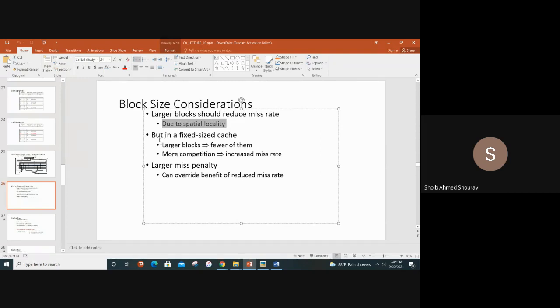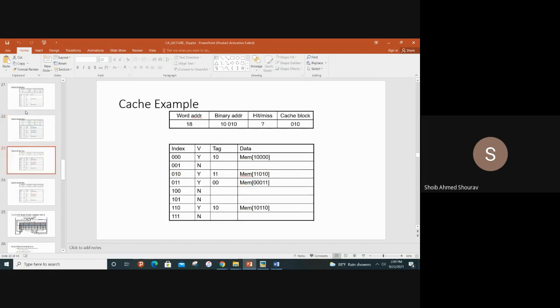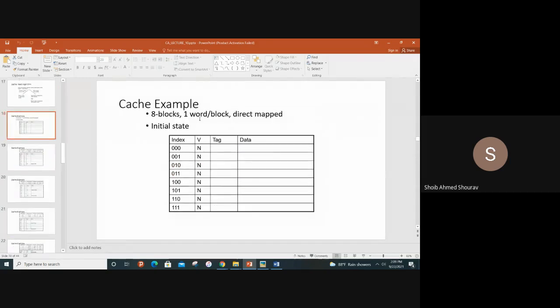But if the size of the cache is fixed and we increase the block size, like in this example where block size was 1 word per block, then if we take 2 words per block or 4 words per block, the block size is larger.